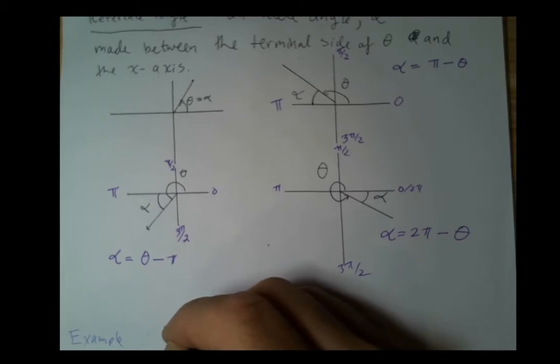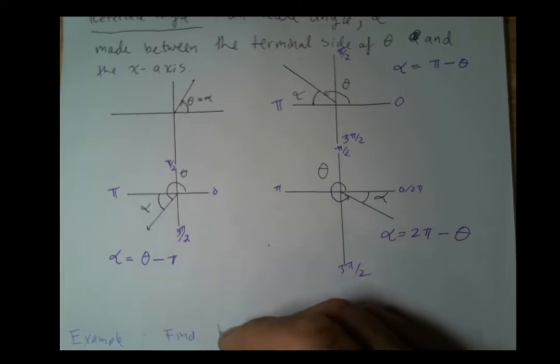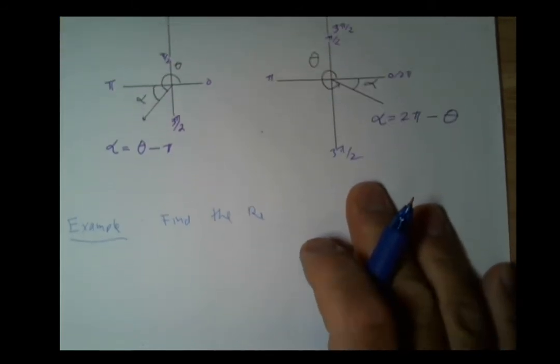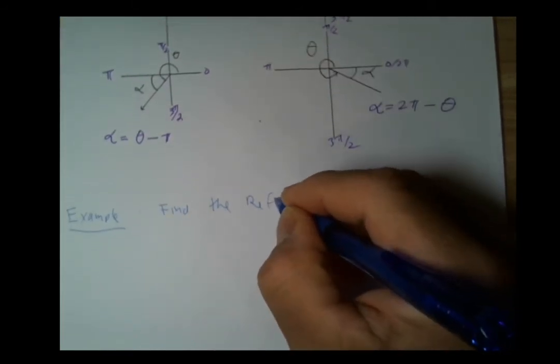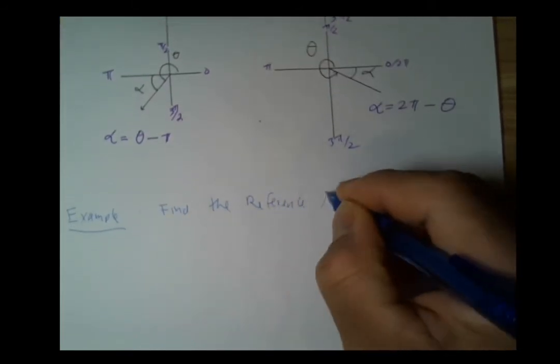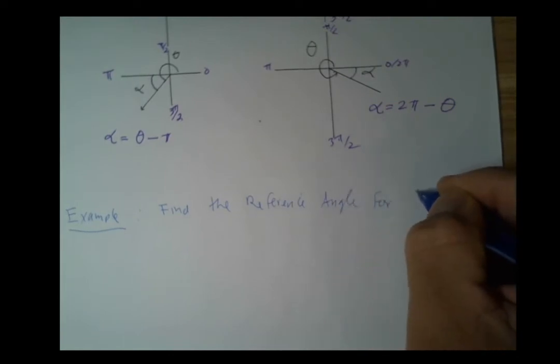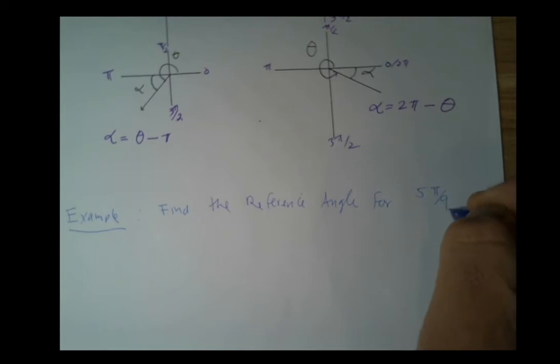So let's say I want to find the reference angle for 5 pi over 9.